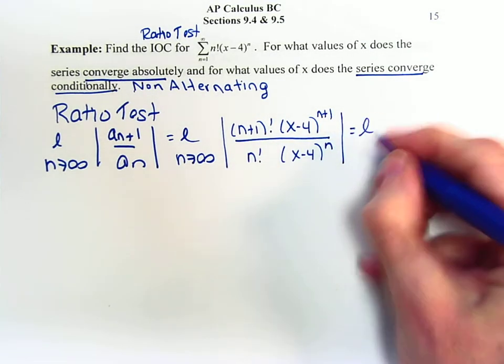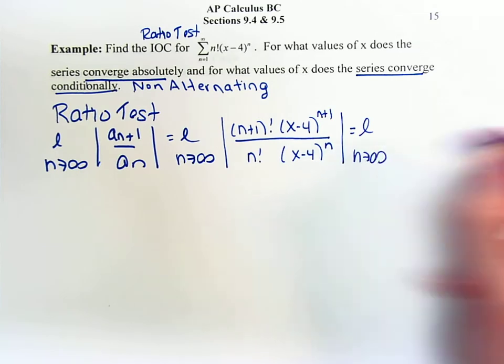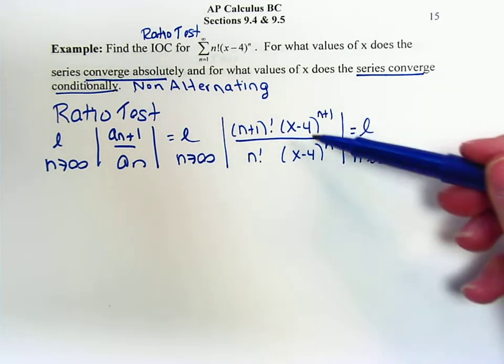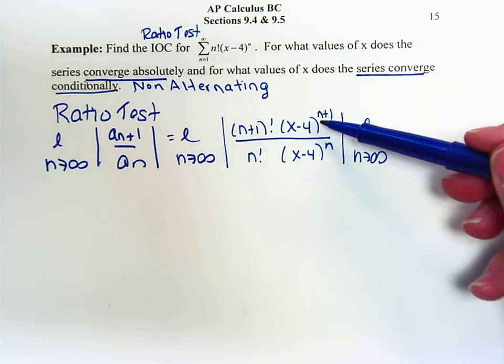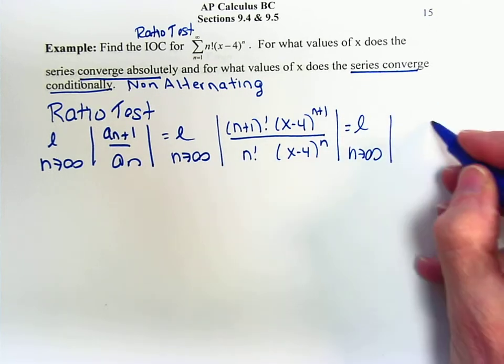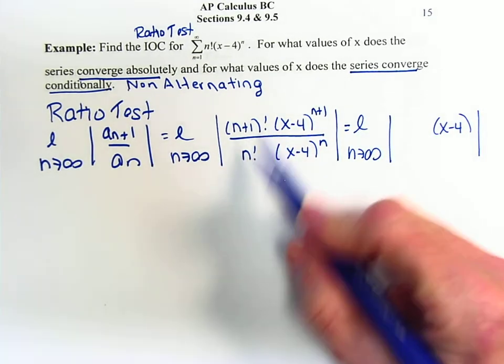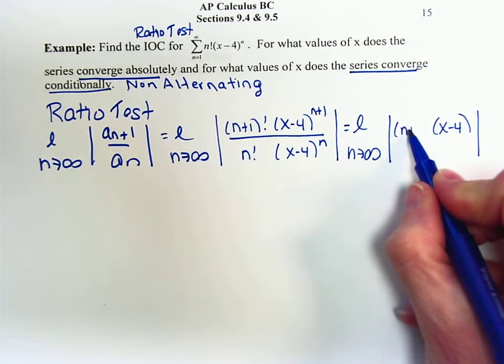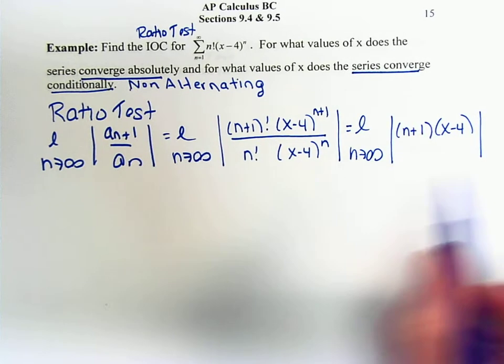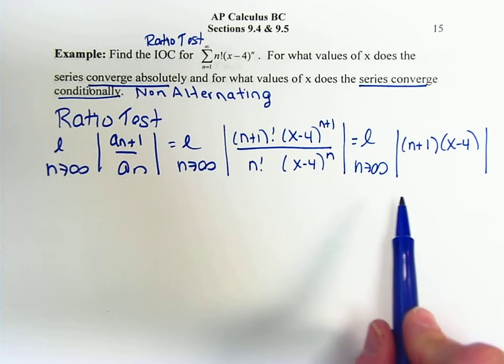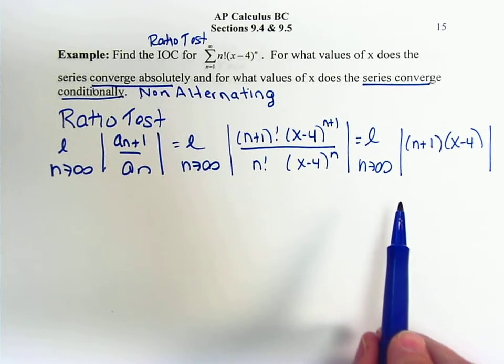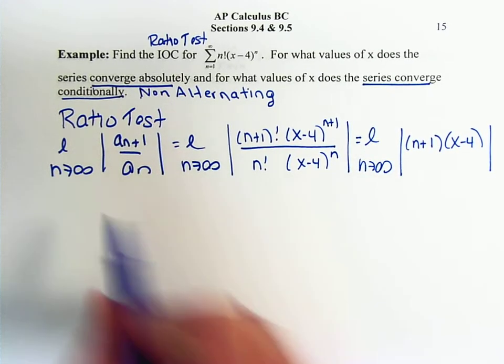So now we're going to play around with our rules of exponents, and I know that if I simplify this expression, I'm left with x minus 4, and if I simplify these factorials, I'm left with n plus 1. So just like we did before, anything inside of our expression that does not involve an n, you move to the front.